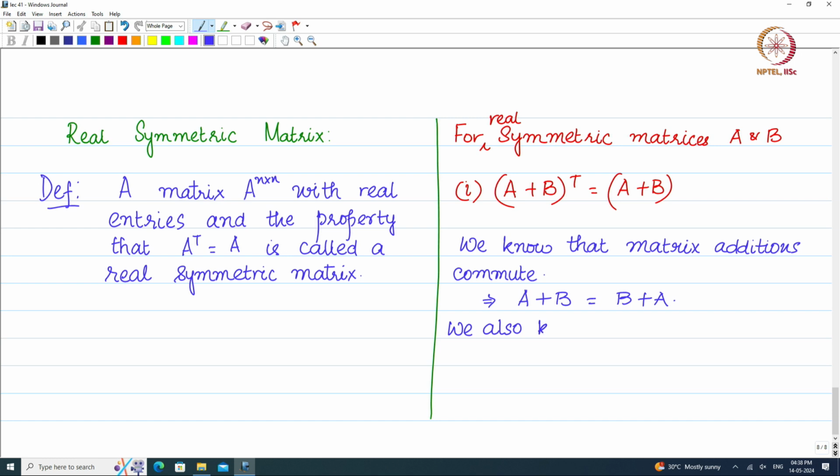So we also know that A plus B, the whole transpose, is equal to A transpose plus B transpose. But we already know A transpose is nothing but A and B transpose is nothing but B, by the symmetry property of A and B, since A and B are symmetric.